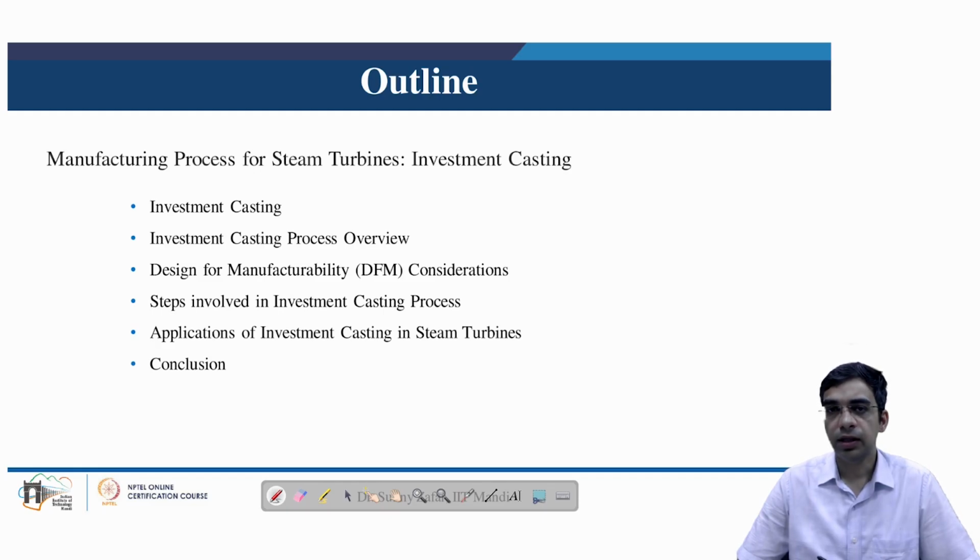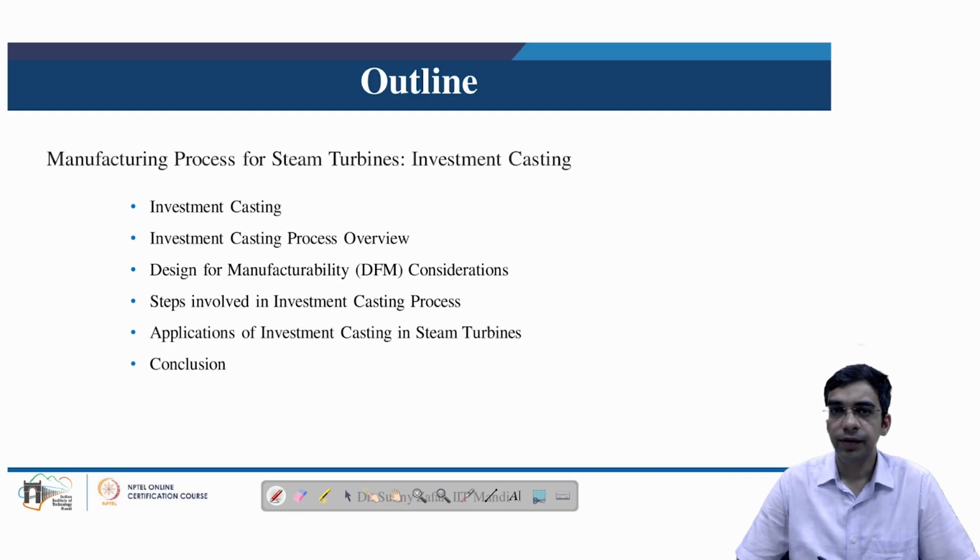And in this, the casting process is one of the well-known primary manufacturing processes for any component. So casting, as we know, is a process in which we allow the molten material to solidify inside a mold cavity, and upon solidification the material takes the shape of the mold cavity.